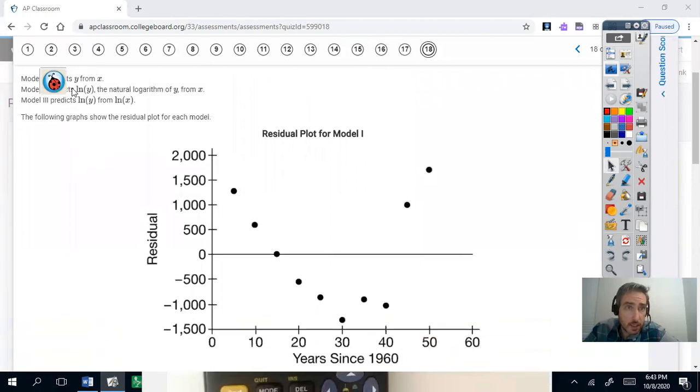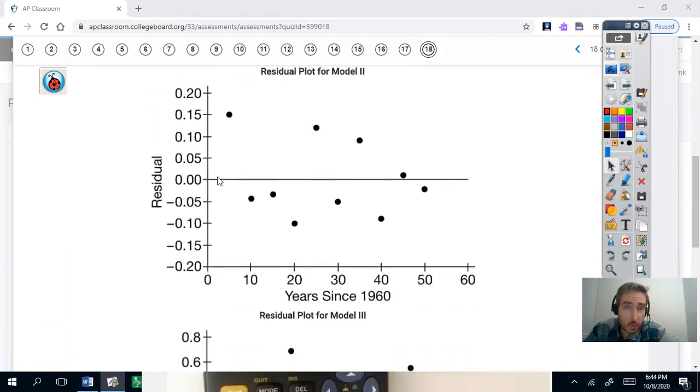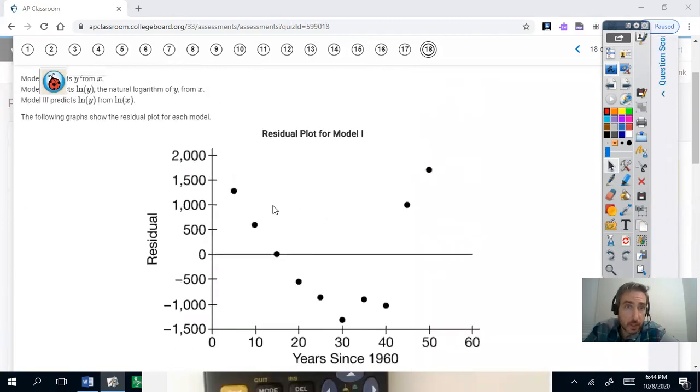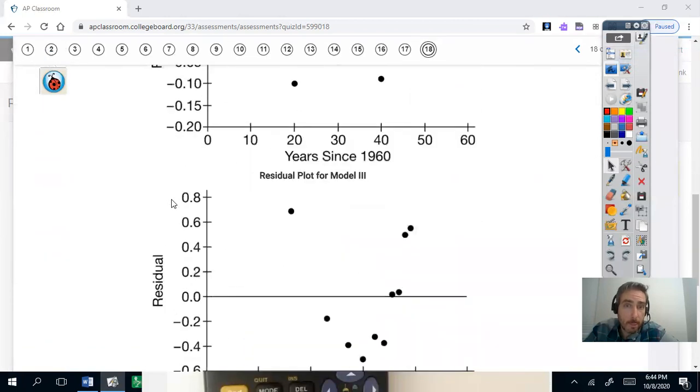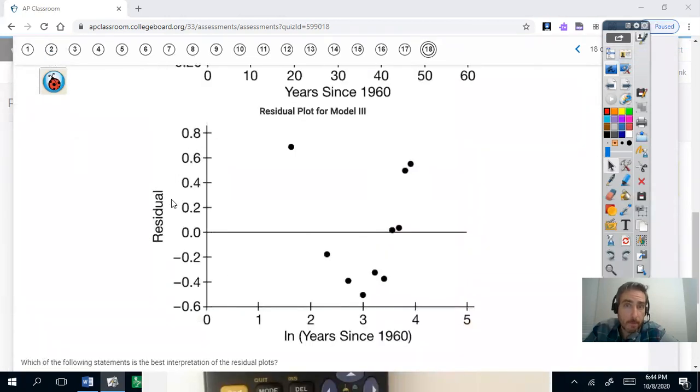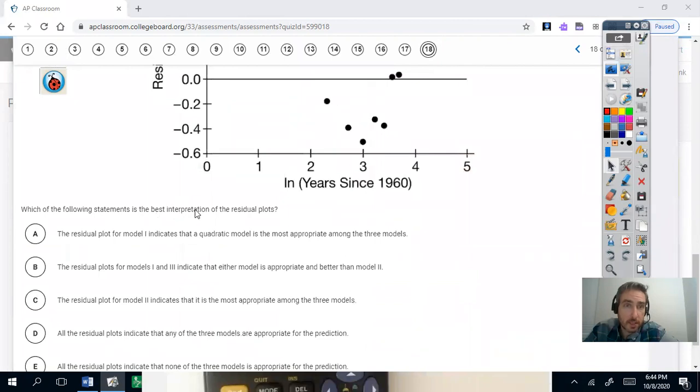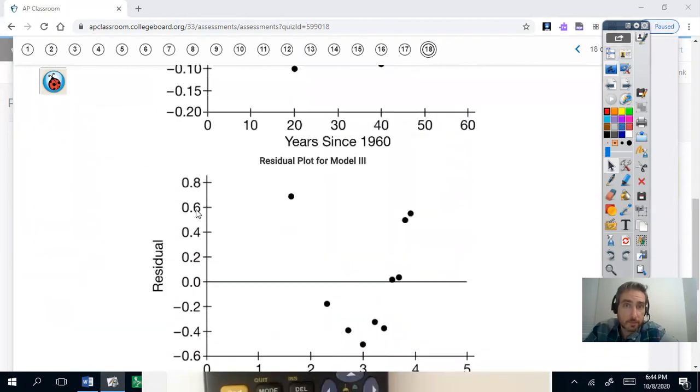Model 2 predicts ln of y, the natural logarithm, from x. And model 3 predicts ln y from ln x. This is linear, exponential, and power. And the question says, which of the following is the best interpretation of the residual plots?